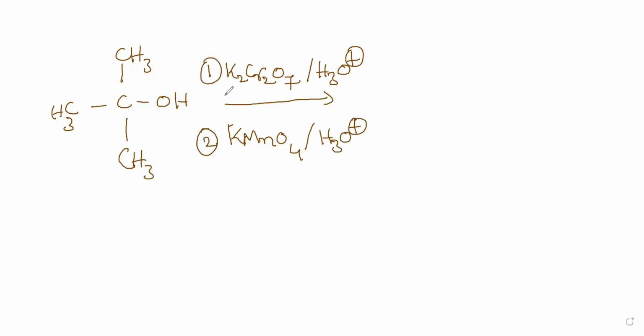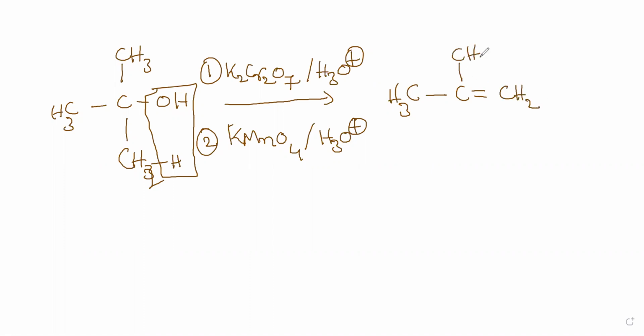What first happens is that with the action of an acid, you get dehydration to form CH3C double bond CH2CH3. And next, this bond will break to form a ketone. It may be difficult for you, but it's okay. This is not that important in my opinion.